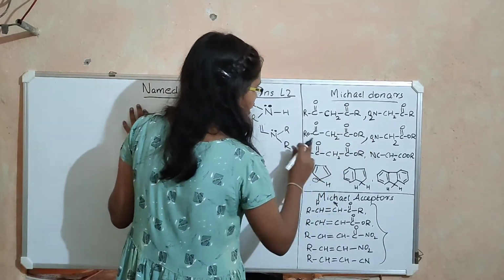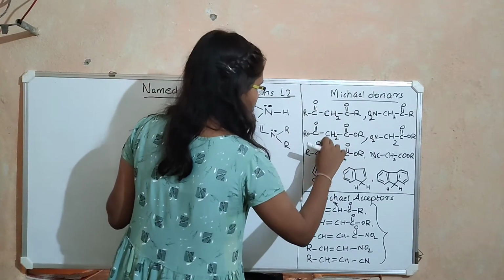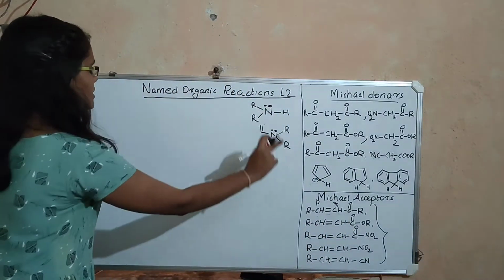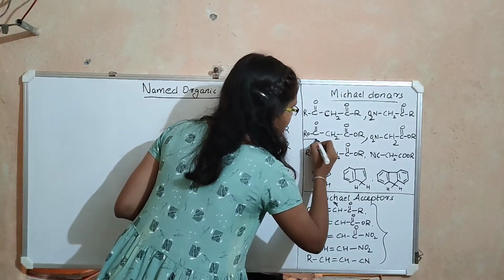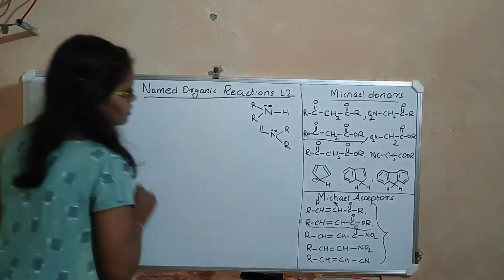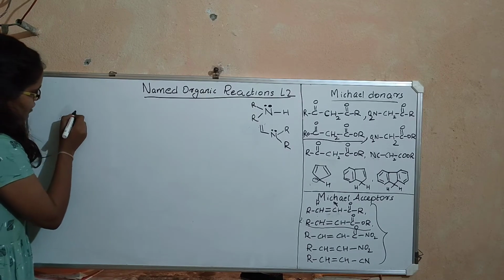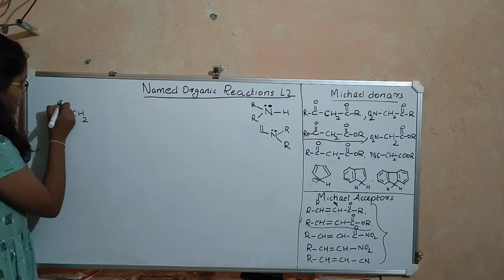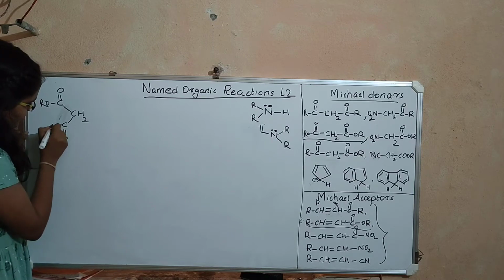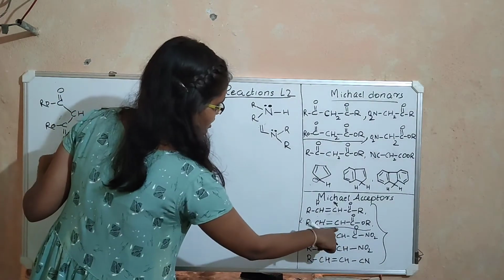So let us try to write this Michael addition reaction using a specific example. I'll take this compound as the active CH group compound or the Michael donor, and this one as the Michael acceptor. So let us write the Michael addition between these reactants. So you have a CH2 and you have two ester groups on it, plus take this alpha beta unsaturated compound.